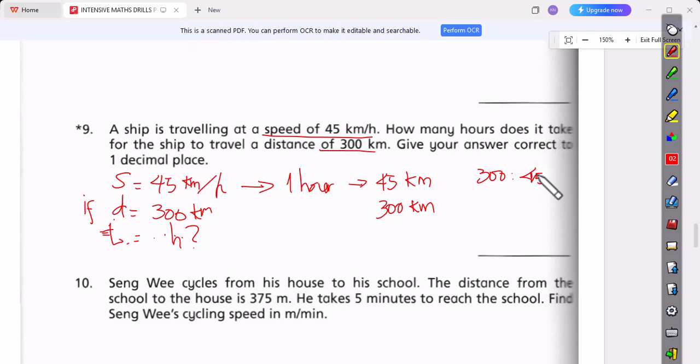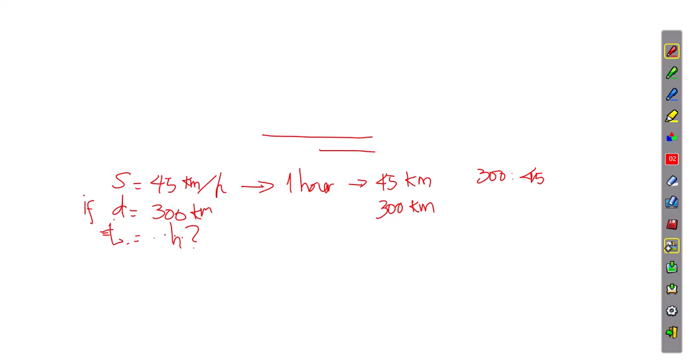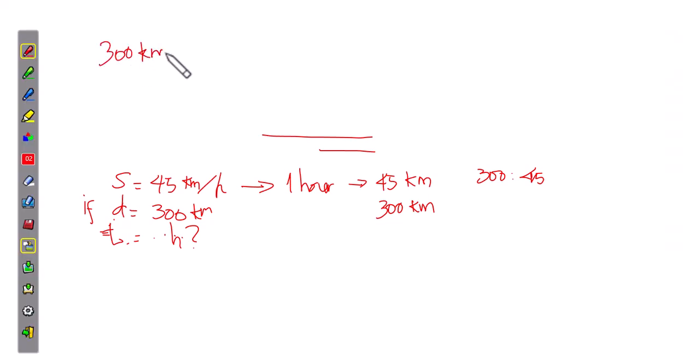Okay, let's use this way. 300 kilometer divided by 45 kilometer per hour. So here, 300 kilometer per 45 kilometer per hour.